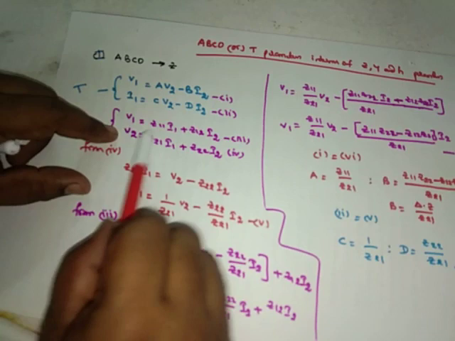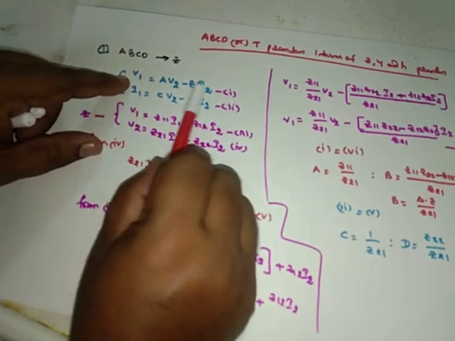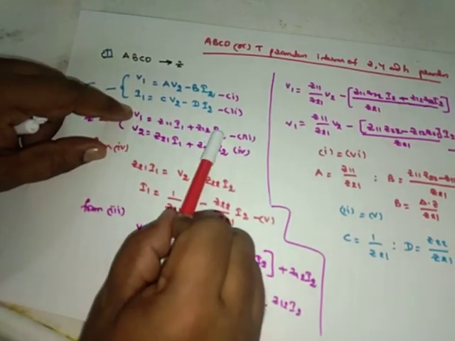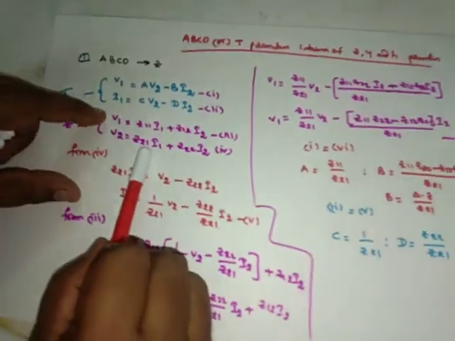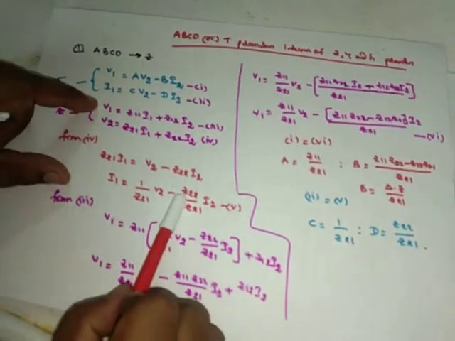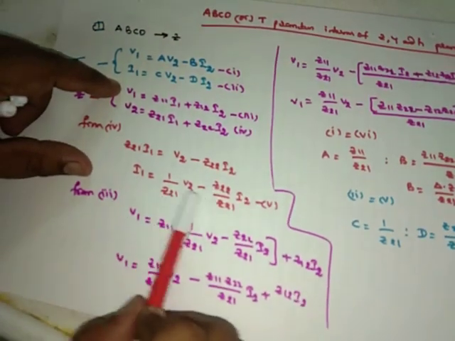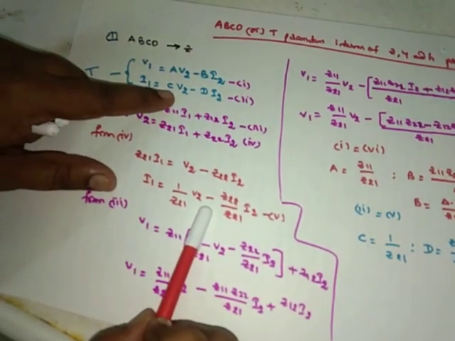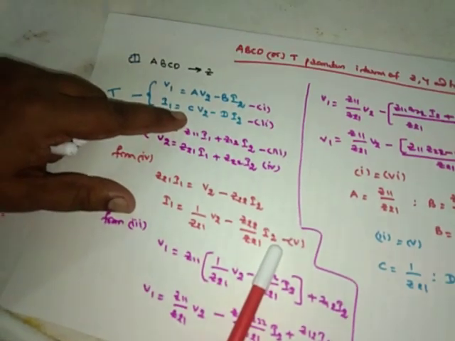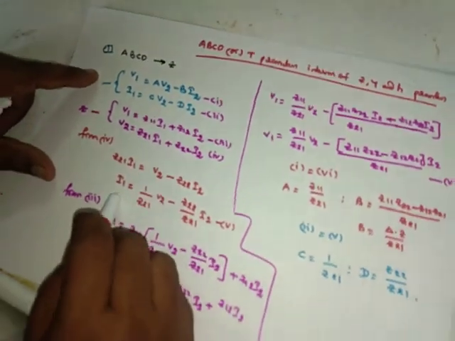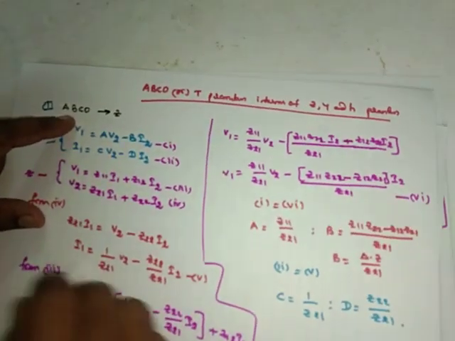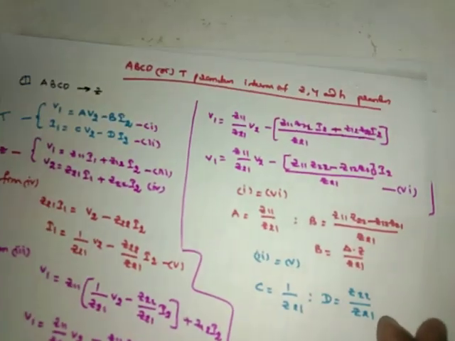So observe here V1 depends upon V2 and I2. Here V1 depends upon I2 and V1. So replace I1. So from 4 find out I1. I1 is equal to, depends upon V2 and I2. Okay, like that you have to convert any given parameters in the form of remaining 3 parameters.